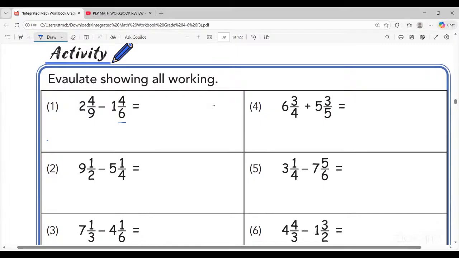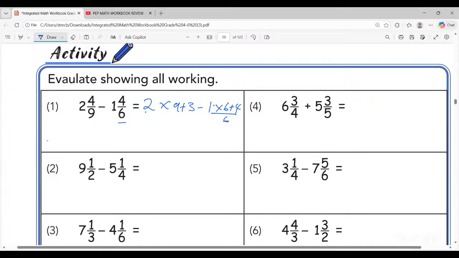So we're going to convert from mixed numbers to improper. The book also shows that, guys. So it's 2 multiplied by 9 plus 3 over 9, minus 1 times 6 plus 4 over 6.